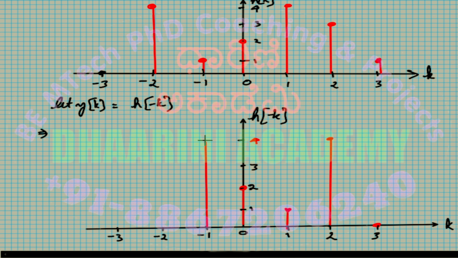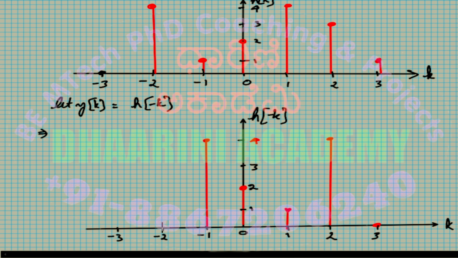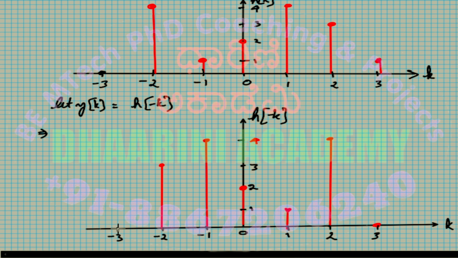Okay, so you can see this is the graph. And similarly, at minus 2, I have 3. Okay, and at minus 3, I'm going to have a value that is equal to 1.